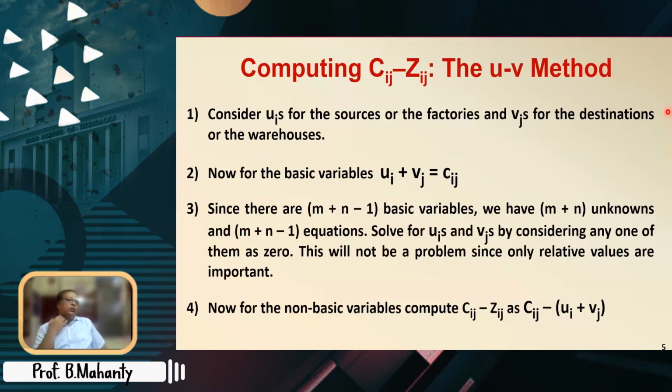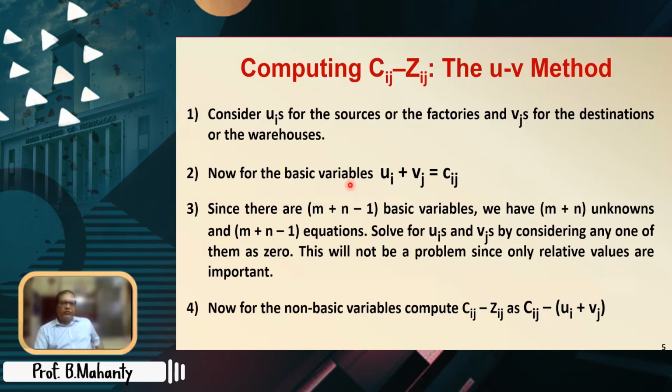All right. To solve the transportation problem, certain knowledge is required. One is the UV method, which are like dual variables. These are required to compute the Cij minus Zij values, and they represent the cost potentials.